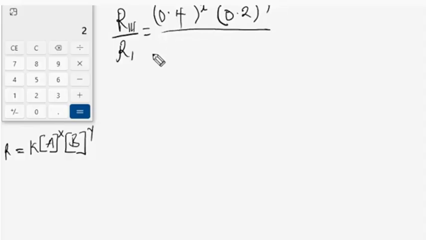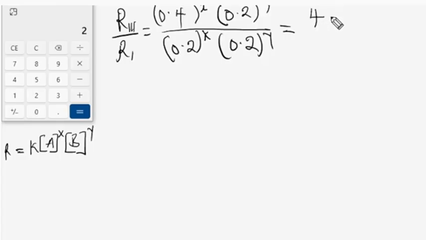And this is over, for R1, it's 0.2 here to the power of x, and it's still 0.2 here to the power of y. So we are going to equate it to their rates. So the rate for the third is 4.0 times 10 to the power of negative 5.